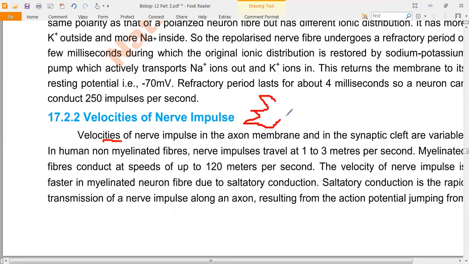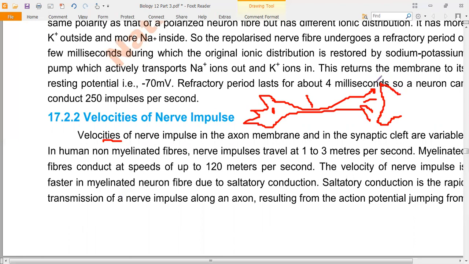Like this is a neuron, and here this is the axon, and these are the terminals, and from here to here this is another neuron.